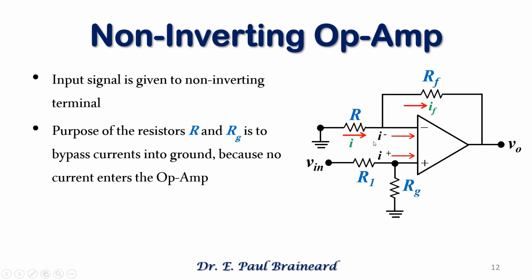Resistor R provides a path for currents to the ground in the feedback path, and the resistor RG provides a path for currents to the ground from the input voltage Vin. Therefore, these two resistors will provide a path for the currents to flow into ground as no current enters into the op-amp.